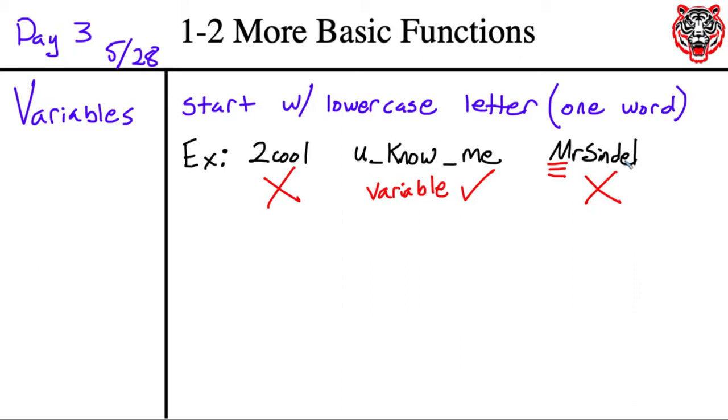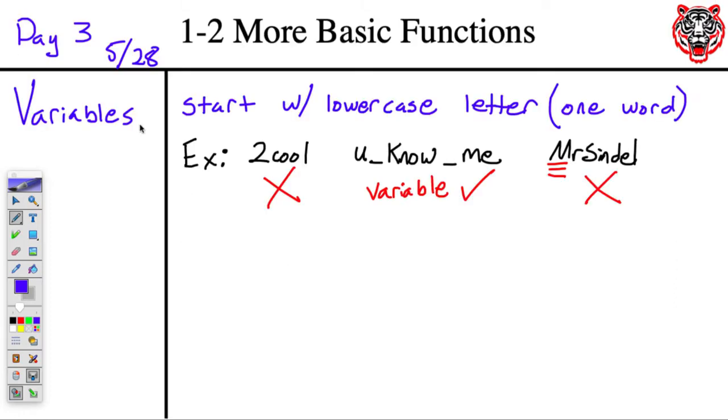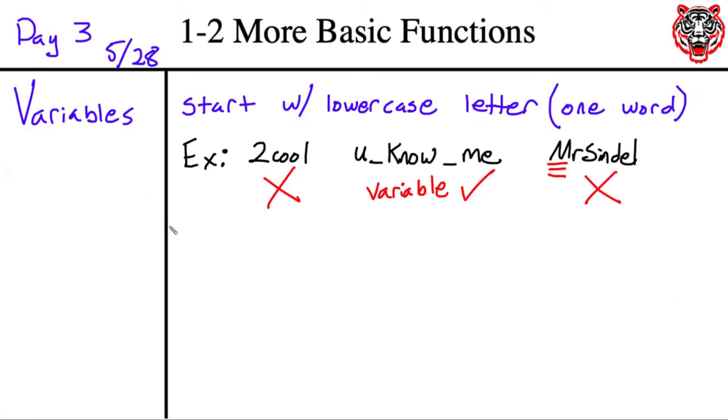All right, so variables have weird properties. So let's talk about, what is it? I don't know what the proper term for it is called. Oh yeah, I'm just gonna say new values.